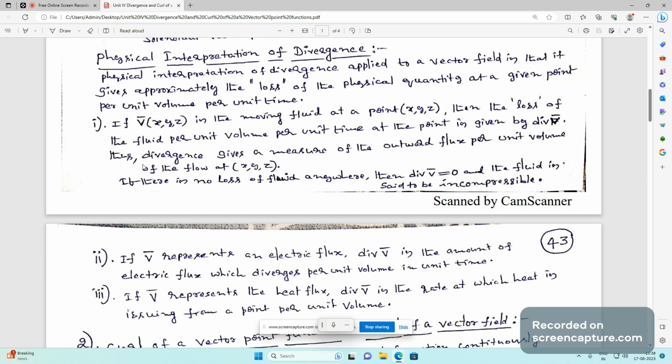Thus, divergence gives a measure of outward flux per unit volume of the flow at x comma y comma z. If there is no loss of fluid anywhere, then divergence of v bar equals 0 and the fluid is said to be an incompressible fluid.